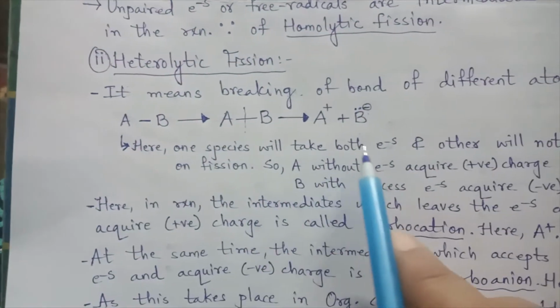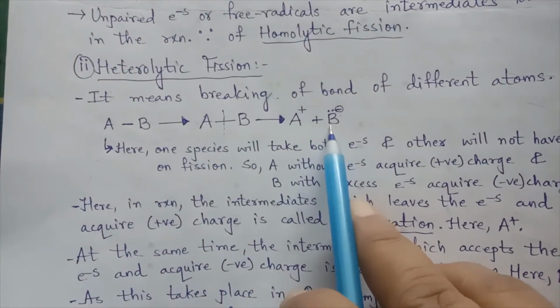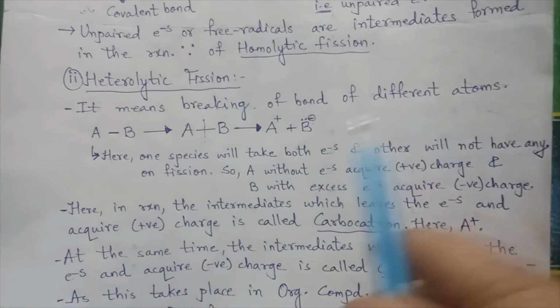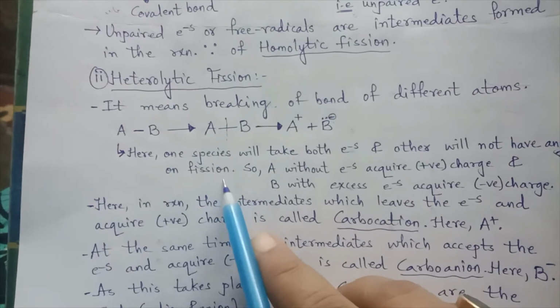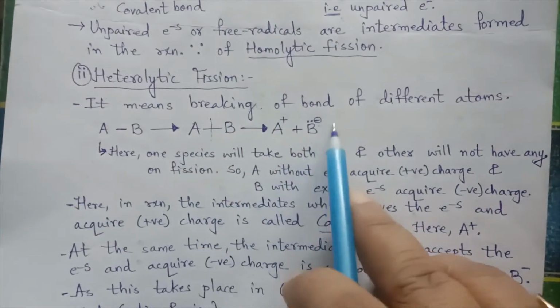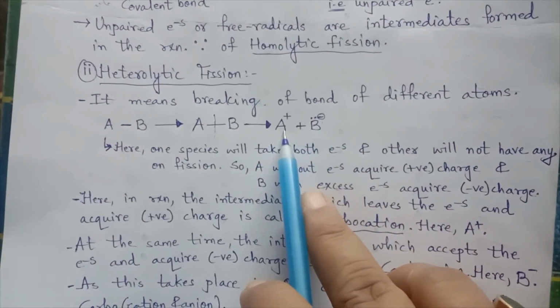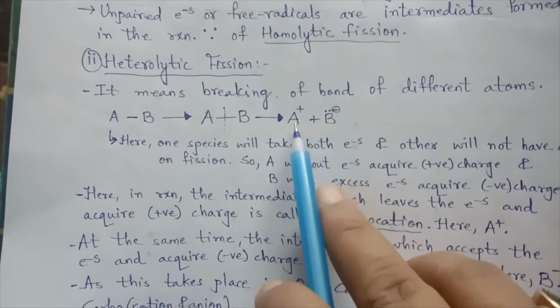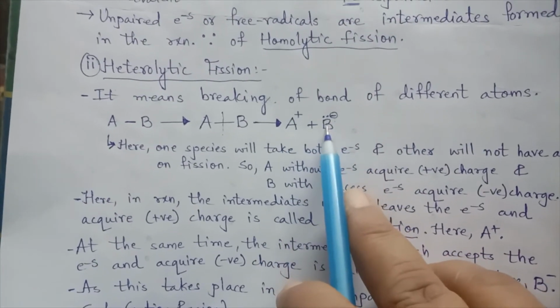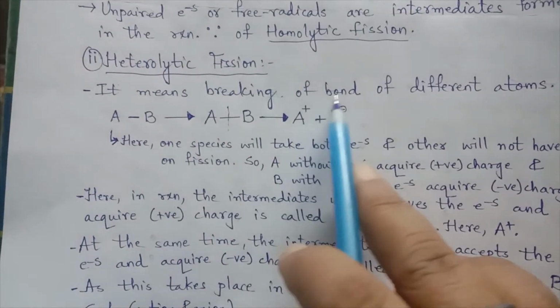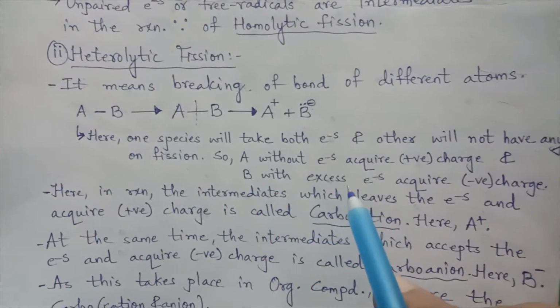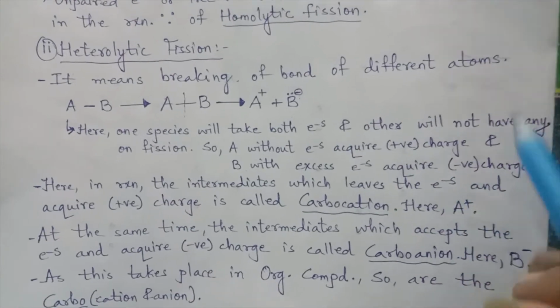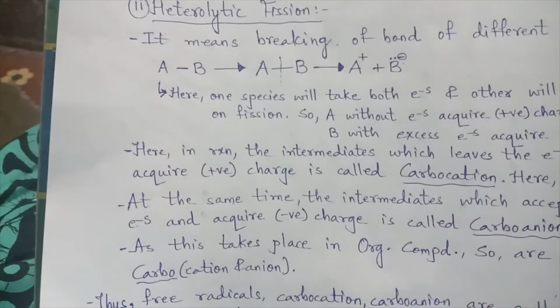One species will take both electrons, B, and the other will not have any after the fission reaction. Then A, without any electrons, acquires a positive charge because it has donated, and B has an excess because it accepted both, and B with the excess electrons acquires a negative charge, right?